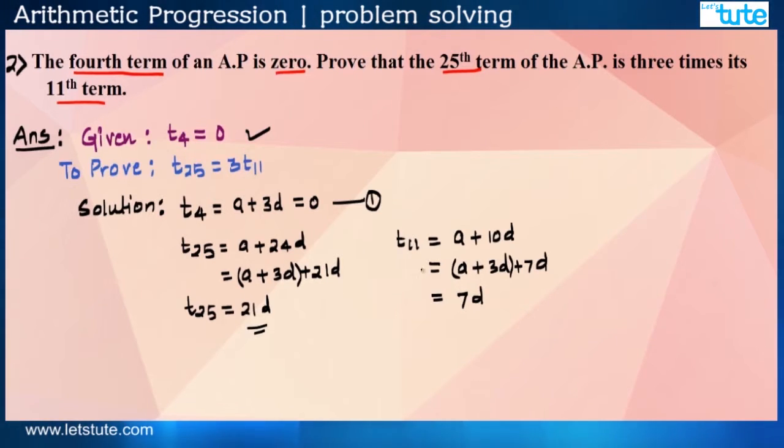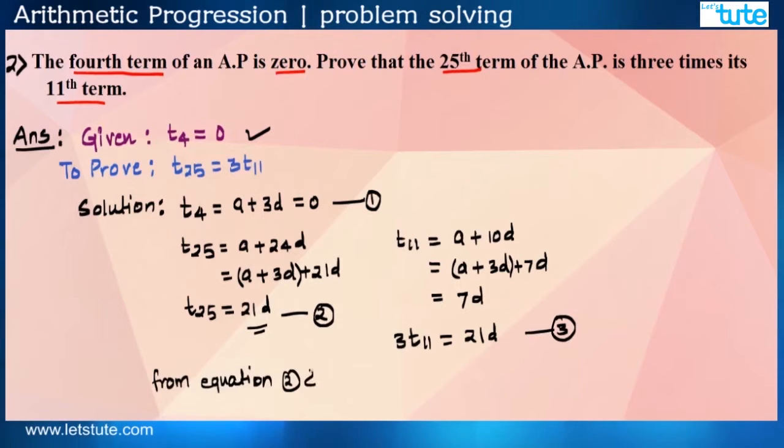Now if we multiply T11 by 3, we'll simply get 21d. 3 into 7 is 21d. So if we write this equation as equation number 2 and this as equation number 3, then we can simply say that from equations 2 and 3, T25 is equal to 3 times T11. Isn't it? This was again a simple question.